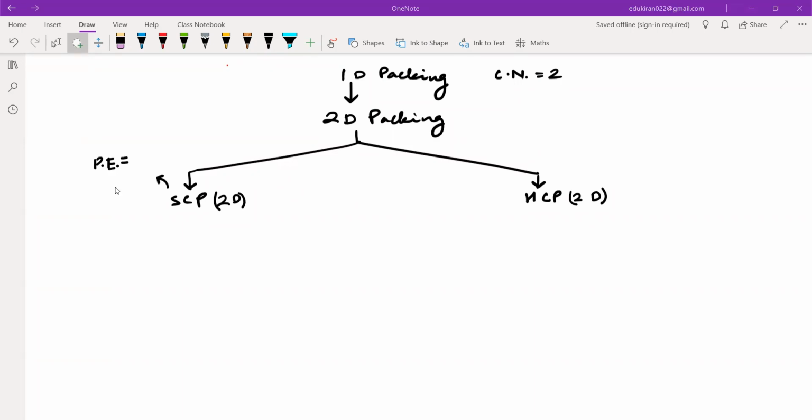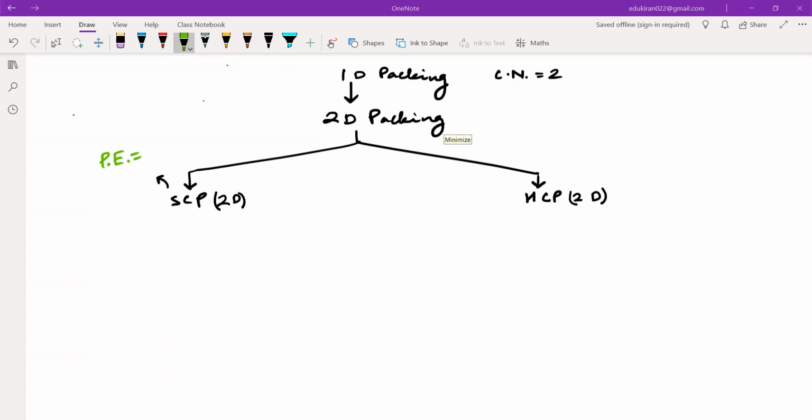Khalid, you tell me what is the packing efficiency of square close packing? Yes, Khalid. Others can answer in chat. Khalid, tell me what is the packing efficiency?